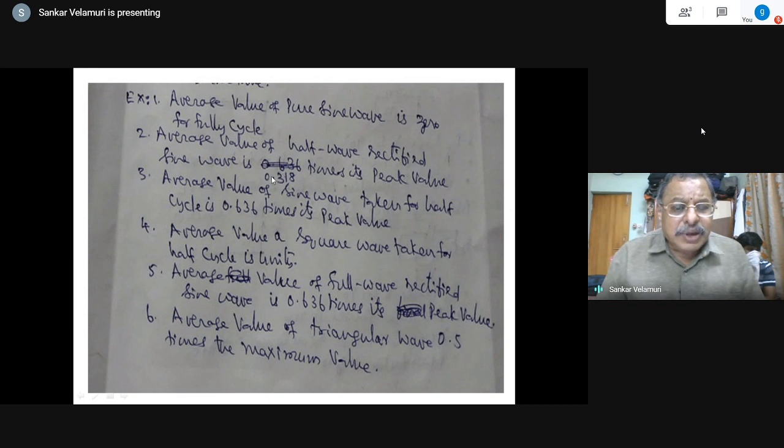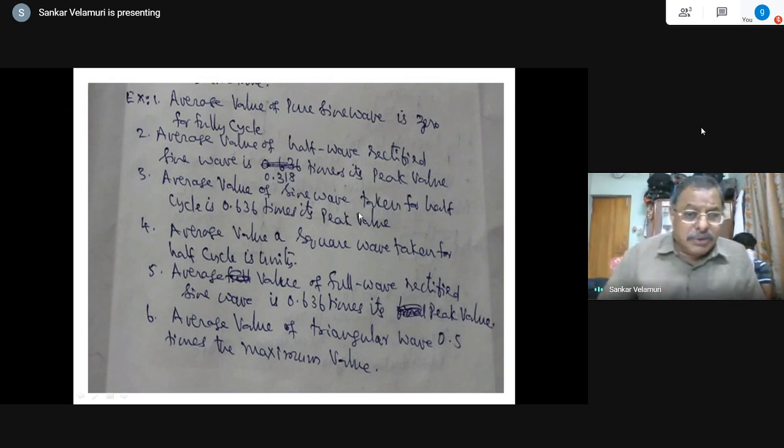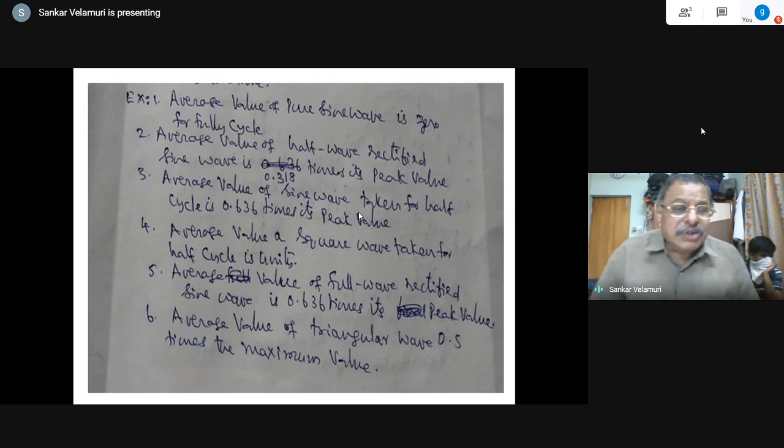It can easily be proved by integrating using the average value definition, and it is 0.318 times its peak value. Sometimes in objective type questions this may be given, so I have collected that information. Nowadays the questions are changing, because it is now 30 years old, so the same repetition may not be there, but it's not that we always have to think in terms of answering the questions.